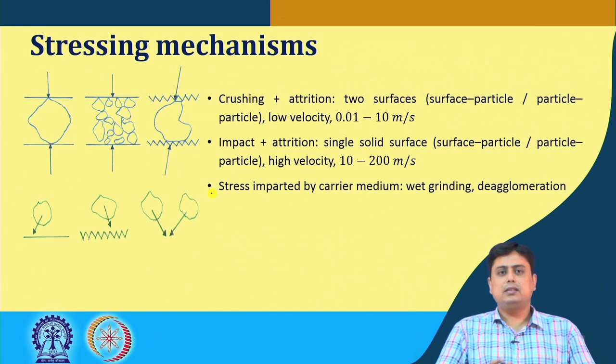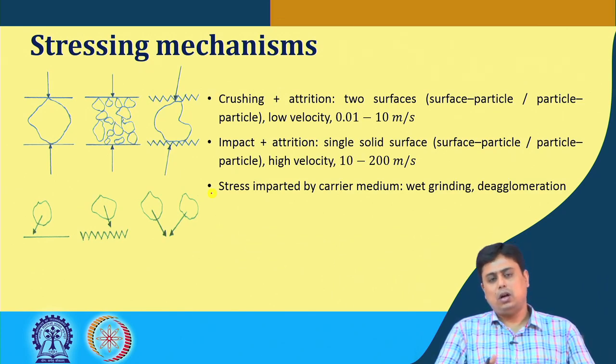So, typically this combination of these two is there in certain equipment that works on the principle that there are two surfaces, like surface and particle or particle and particle.